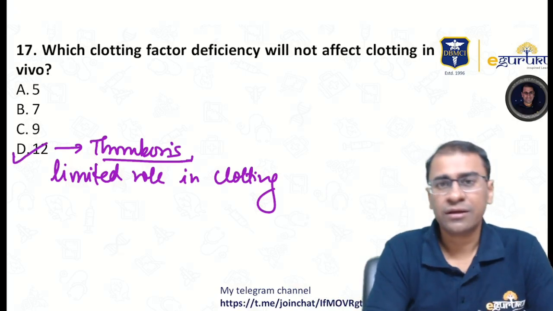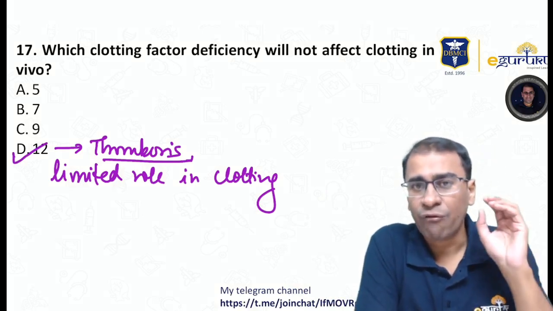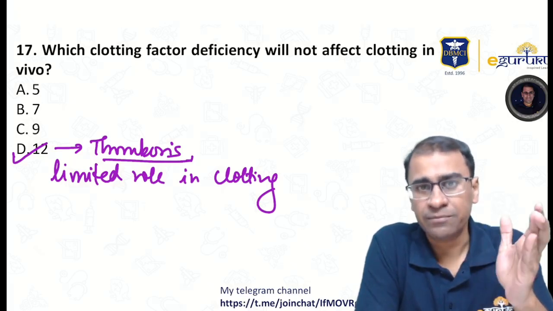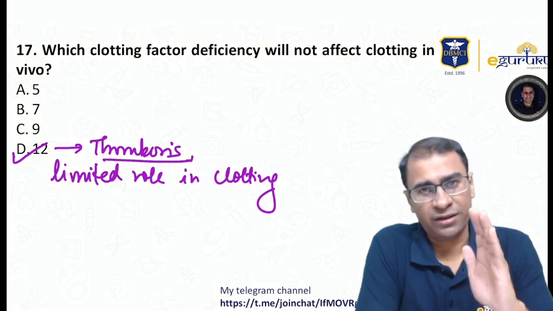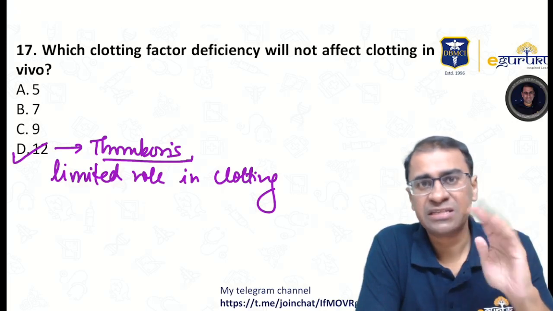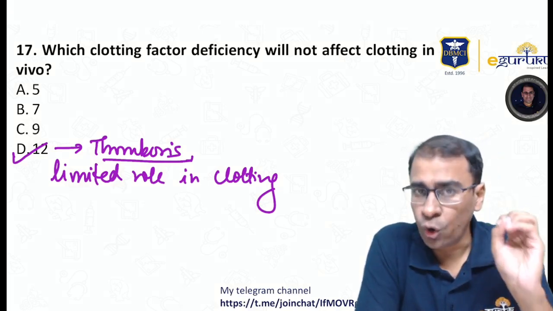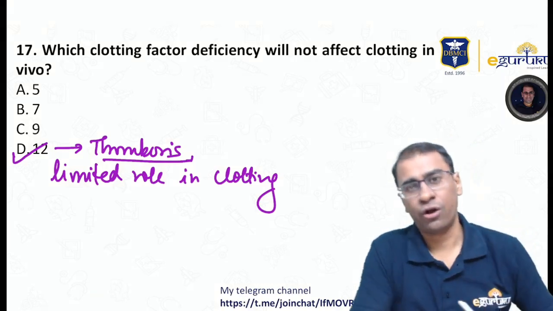So the answer is factor 12. Remember, factor 12 called Hageman factor has a very limited role in the activation of clotting. I hope you remember Hageman factor is basically active more in the in vitro activation of clotting, not in vivo activation of clotting.